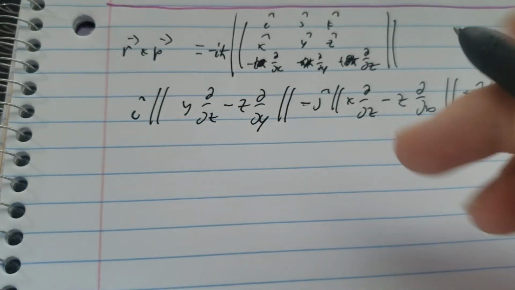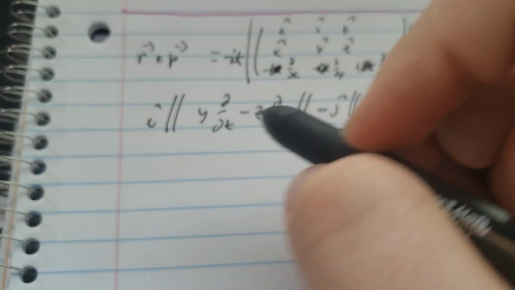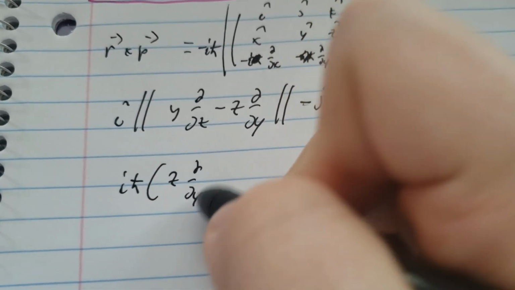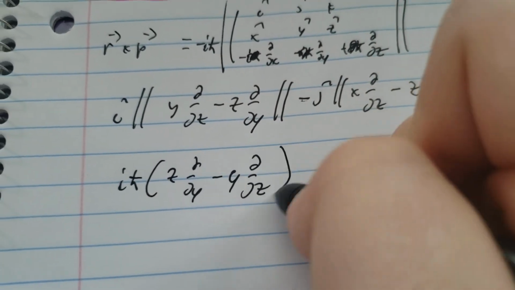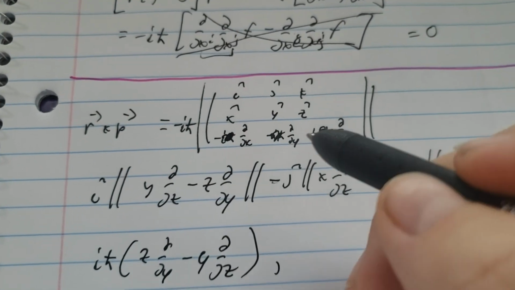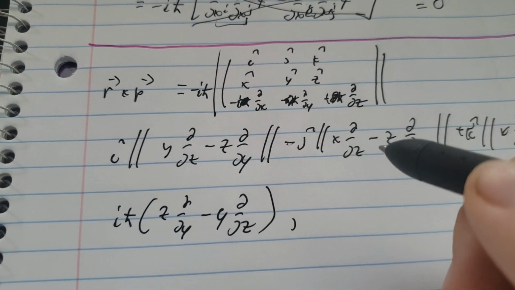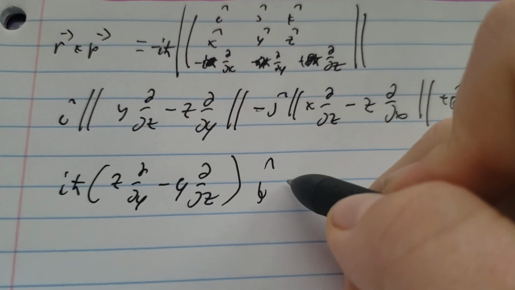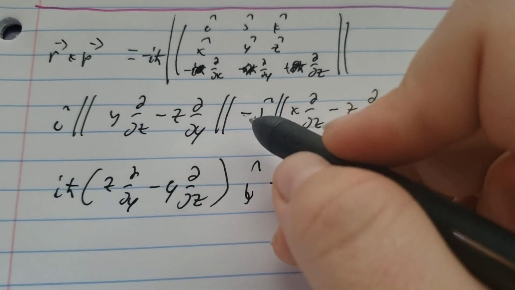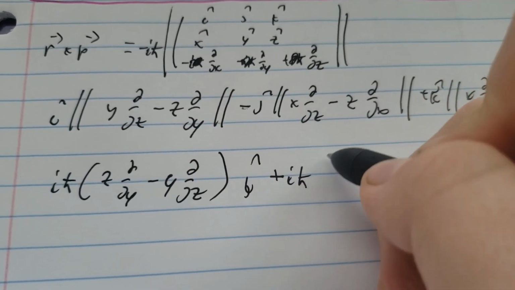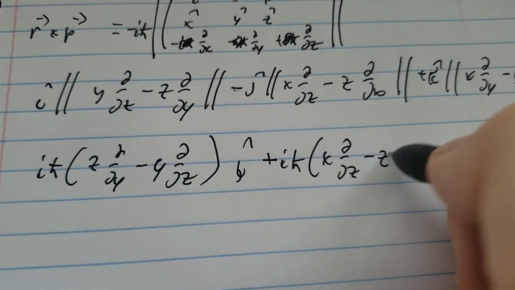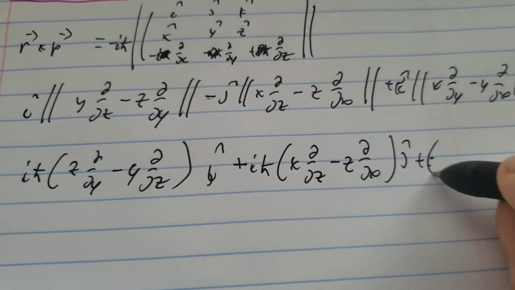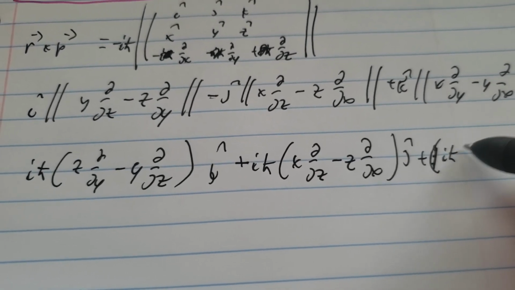Let's multiply each component by negative i h bar, and you're left with i h bar i hat. So it's going to be plus i h bar x j hat plus i h bar y k hat.